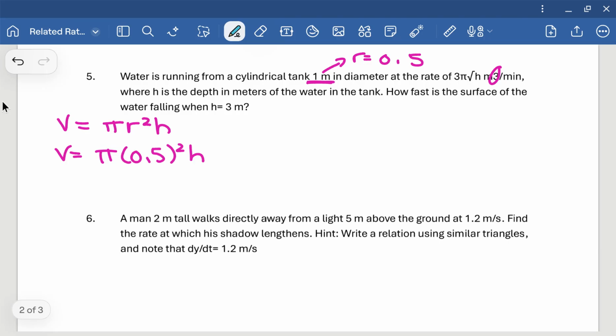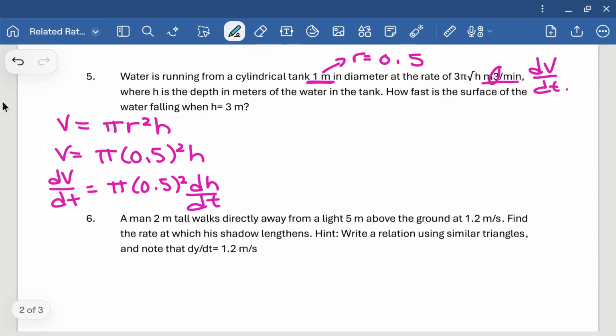Now let's take your first derivative. So dv over dt will equal pi times 0.5 squared. And then if you take the derivative of h, it's just going to be dh over dt. So now we're at this point here, but you were also told the rate of dv over dt, and that's going to be 3 pi times the root of h.